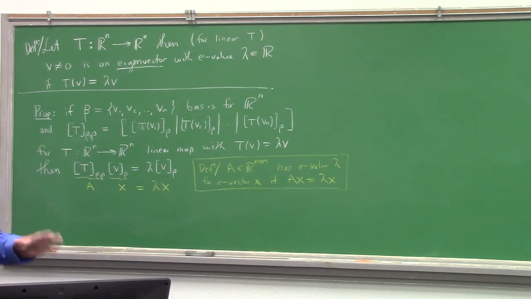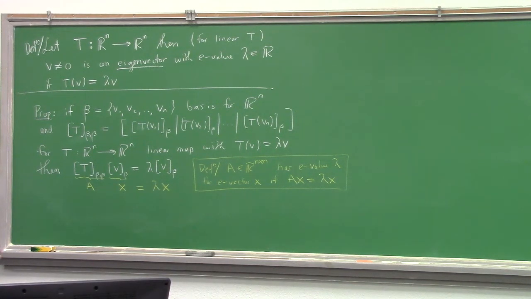So what I'm trying to say here is that if you have an eigenvector with an eigenvalue for a linear transformation, you have the same eigenvalue for the underlying matrix of the transformation. So this means to study the eigenvectors and the eigenvalues of a linear map, we can either look at linear maps or we could look at the underlying matrix. We have a choice.